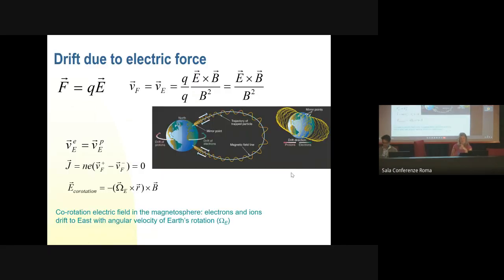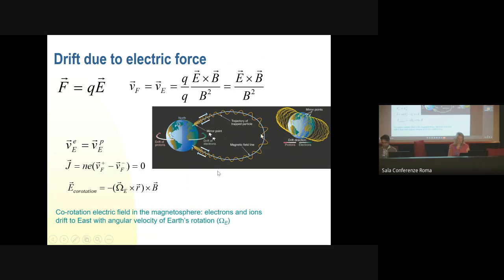What is really important to note is that the plasmasphere is the region in co-rotation with the Earth, and the drift velocity of the particles is given by the electric force. In fact, the particles are trapped in the magnetic field of the Earth, and they have a specific motion. If you assume that there are not many collisions because the number density is low, then you have a superposed motion.